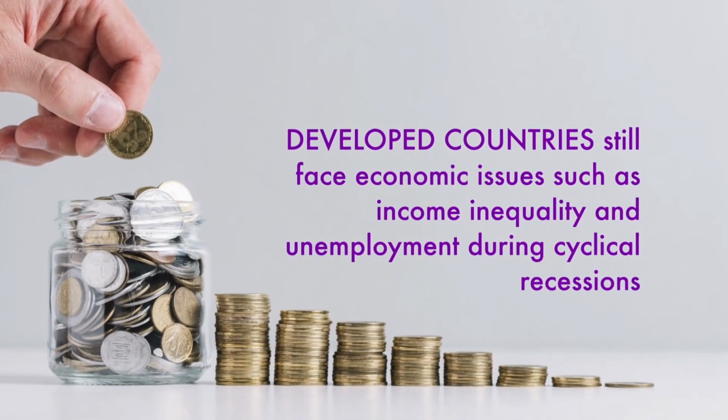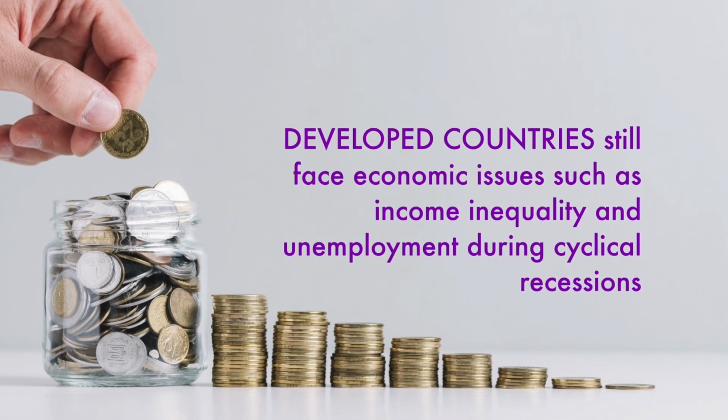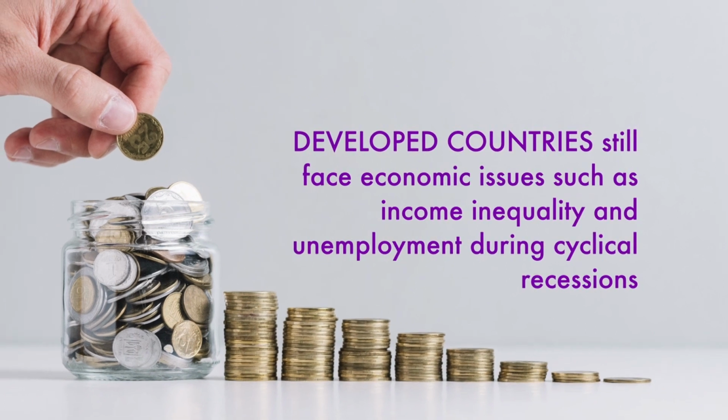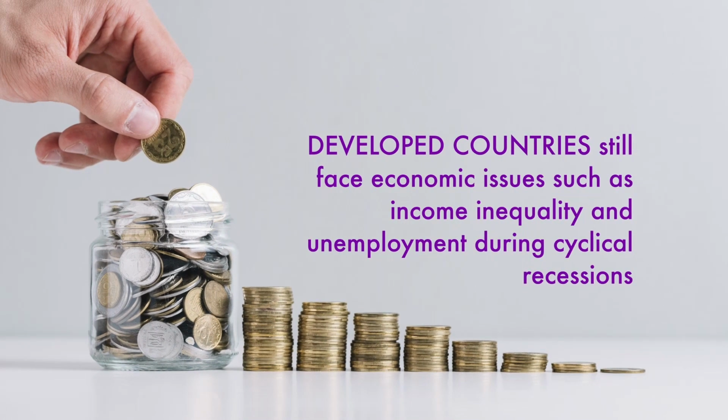This income inequality, this disparity because of the growing economy, is very common across the globe, irrespective of developed, developing, or underdeveloped country. Developed countries also have unemployment during cyclical recession, when we have financial recession, and even during the pandemic of COVID-19. These are issues which are very common across the world.